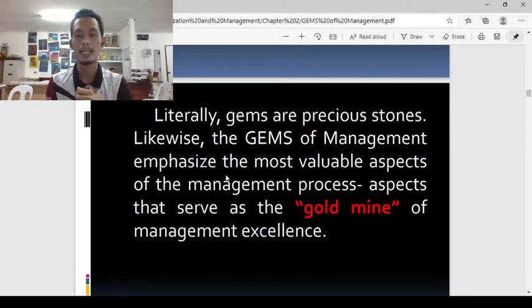In fact, it is considered, or it serves as the gold mine of management excellence, diba? In order to achieve management excellence, apply the GEMS, follow the GEMS of management, because it serves as the gold mine of management excellence.